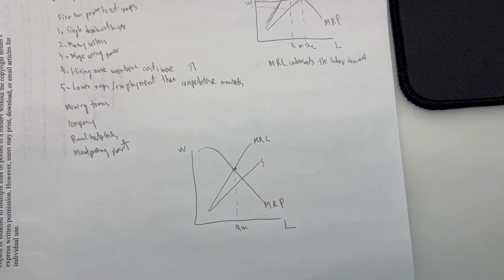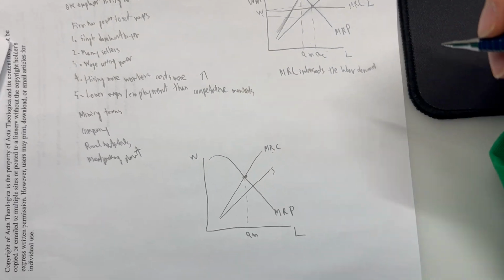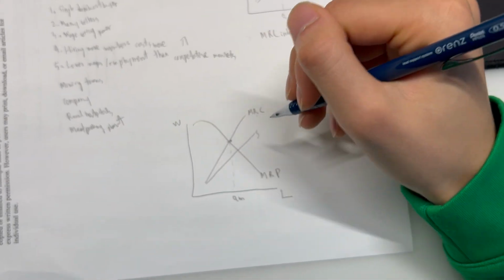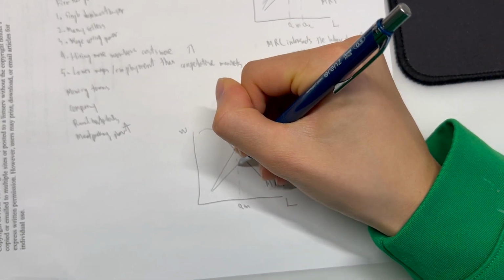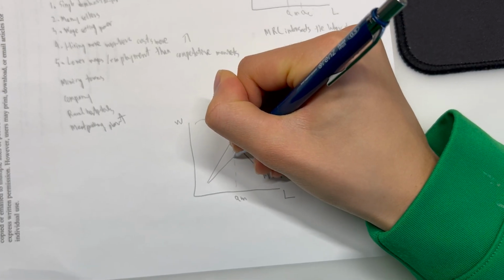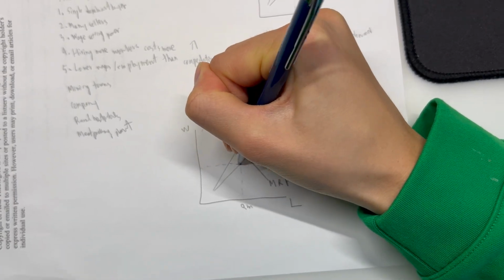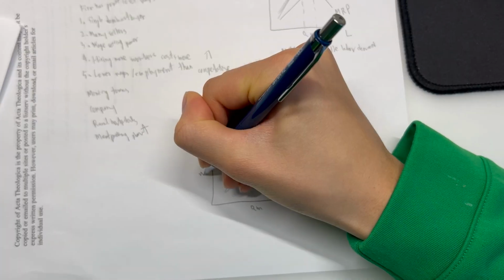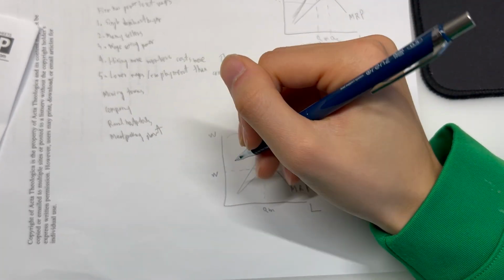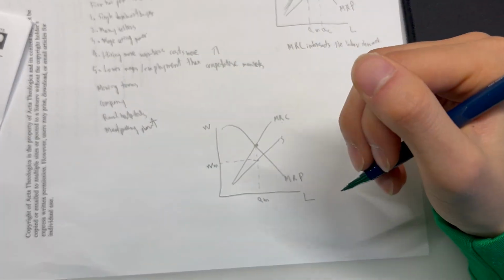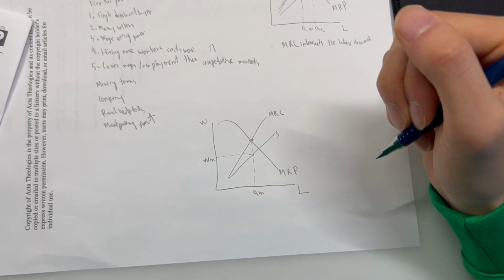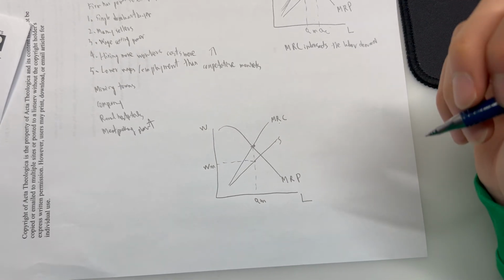And we're gonna find the wage that the monopoly pays. From QM, you just go up to the supply curve and go to the wage axis, which is gonna be here. So we're gonna label this WM, and this is the wage that's determined by the supply curve at the quantity of workers hired.